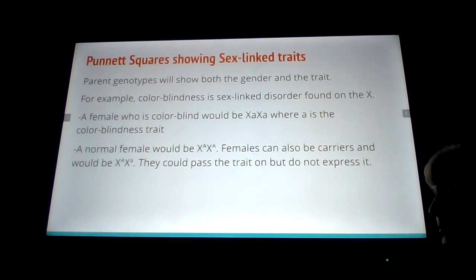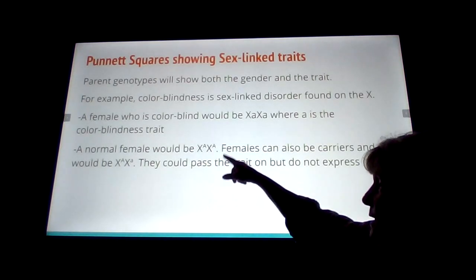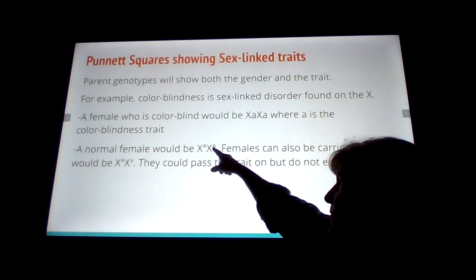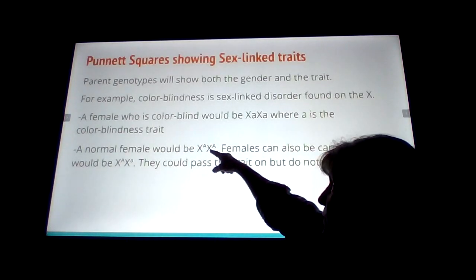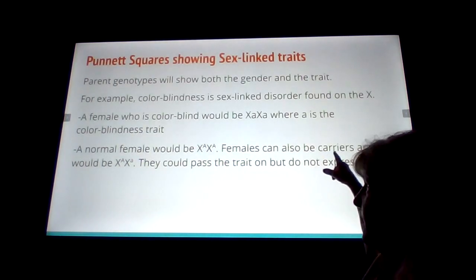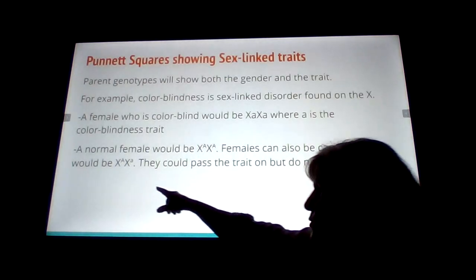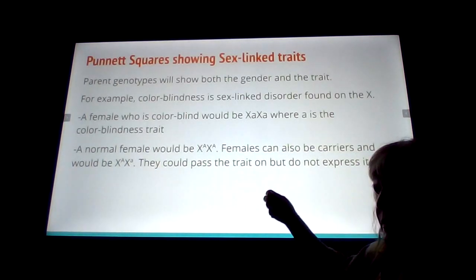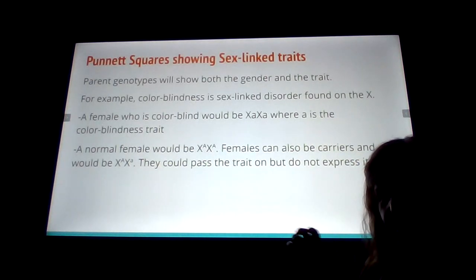If you're a normal female, you're going to be X big A, X big A. The thing is, females can be heterozygous because we have two alleles here. So if you are heterozygous, you're going to be called a carrier. And your alleles would be X big A, X little a. And the thing is with this, you can pass it on to your offspring, but you don't have that particular disorder yourself.